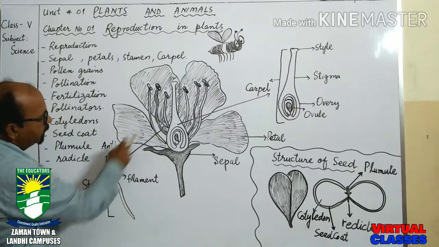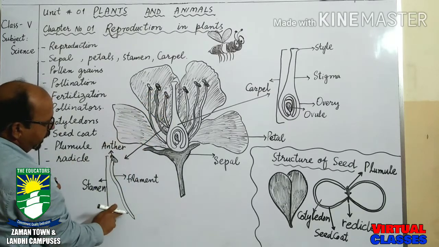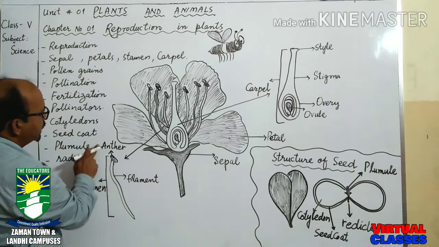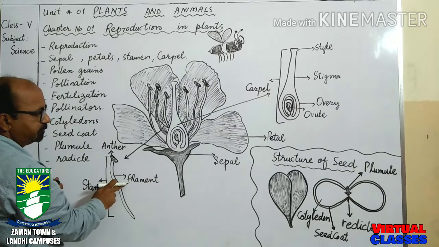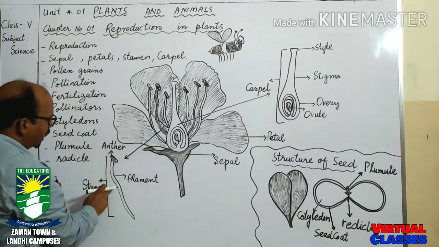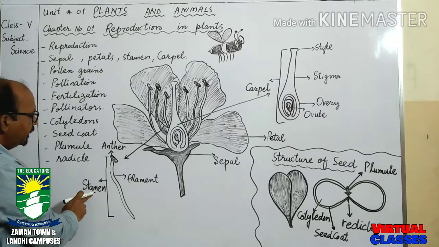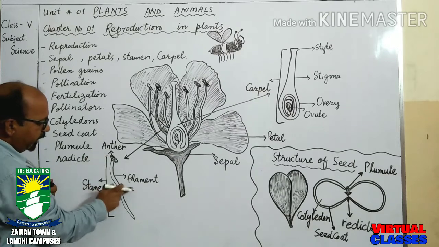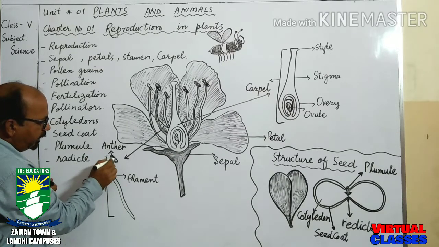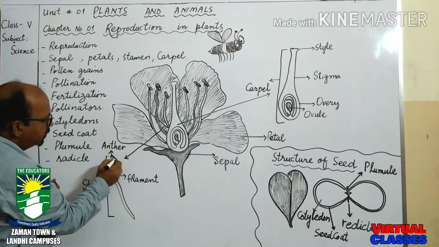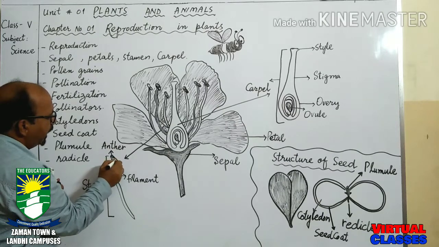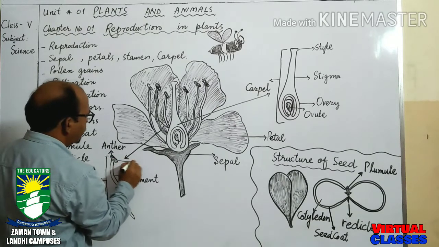I have drawn the stamen here, and it has two parts, anther and filament. This is called the male part of the flower. Anther is the upper part and it has spore-like structures. These are called pollen grains.